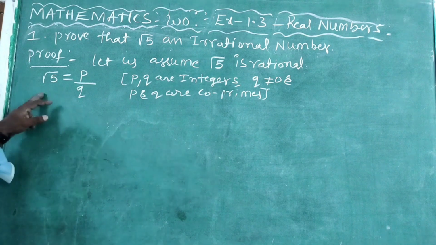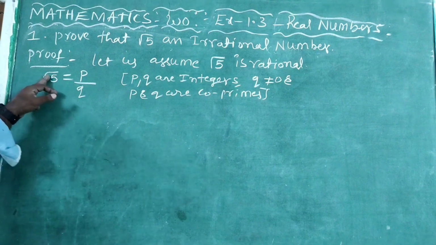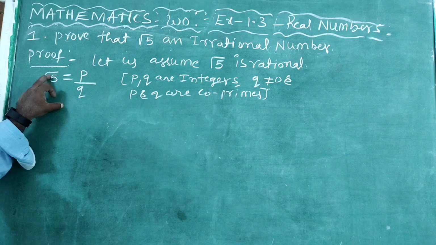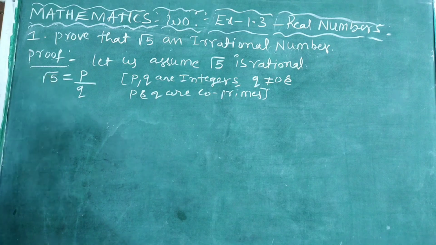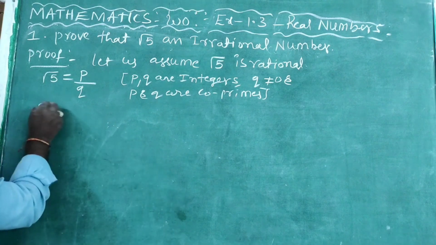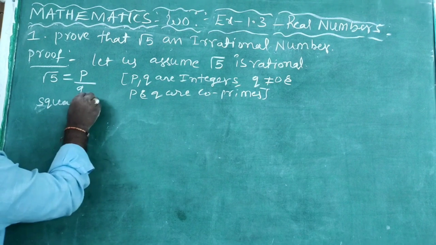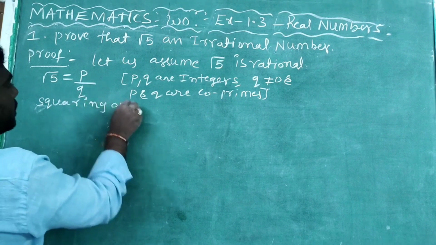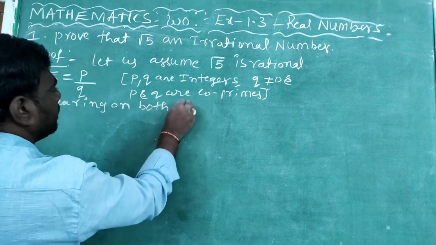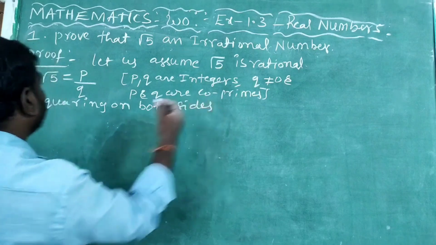Okay. Now what should we do? First we are going to remove the root value, by squaring on both sides. What are we going to get?